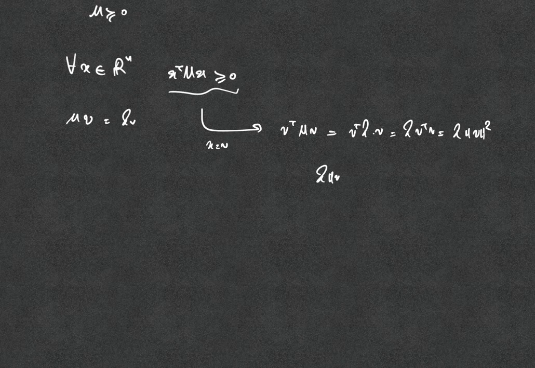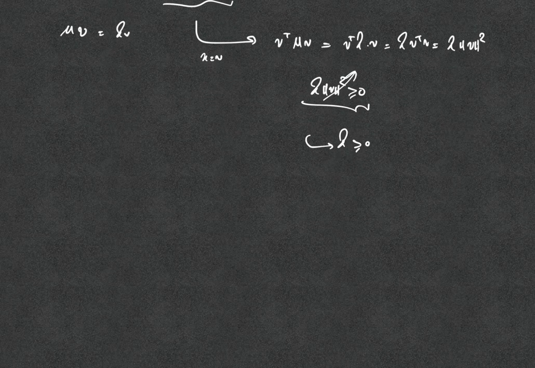And we know that this is going to be larger than or equal to 0, or larger than 0 in case of the positive definite. And according to this, you can conclude that lambda is going to be non-negative, because this is always positive.